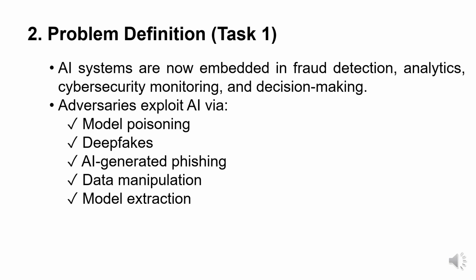When the user enters data into the system, they try to change the data in the database as well. Then model extraction, stealing or recreating AI models, where some attackers try to imitate or copy artificial intelligence models already created by the original developers.